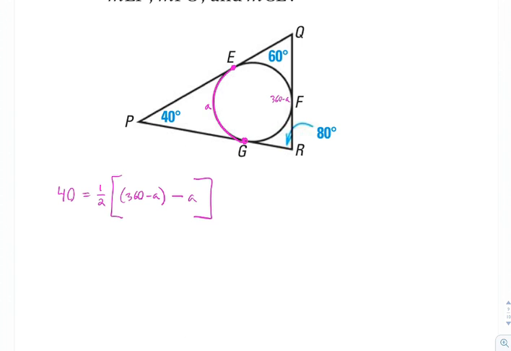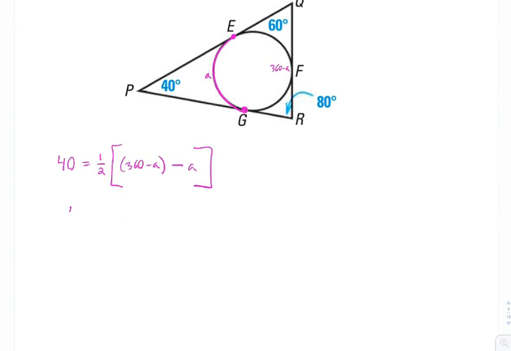So now when I take that and I solve for a, let's clean this up inside here. This is 360 minus a, or 360 minus 2a. So I can distribute the 1/2 in nicely. So 40 equals, distributing the 1/2, half of 360, minus half of 2a, which is a.